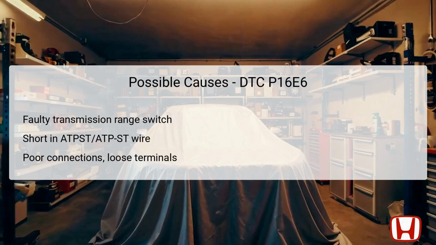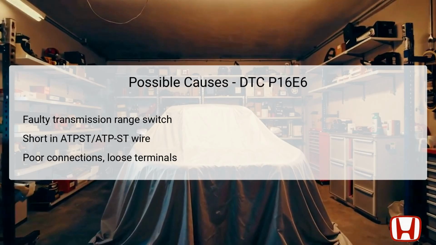Several factors could lead to DTC P16E6, which must be considered during troubleshooting. First, a faulty transmission range switch is a primary suspect. If this component isn't functioning correctly, it cannot provide accurate gear position data to the PCM. Secondly, there could be a short circuit present in the ATPST, automatic transmission position switch wire, or the ATPST, automatic transmission start line.